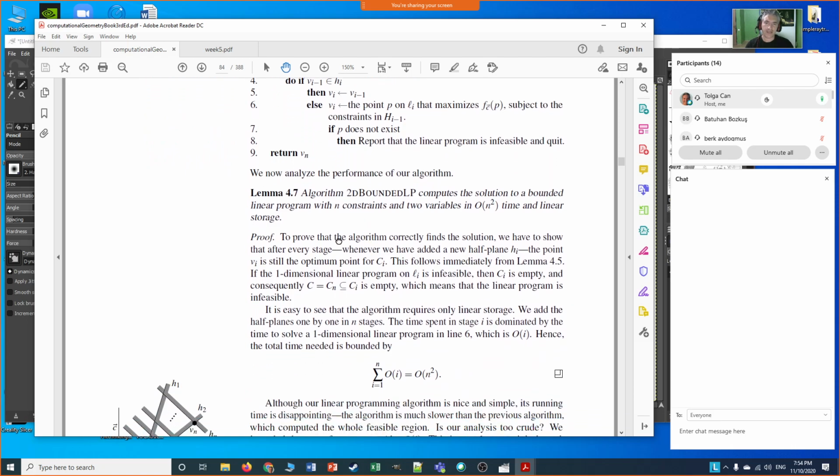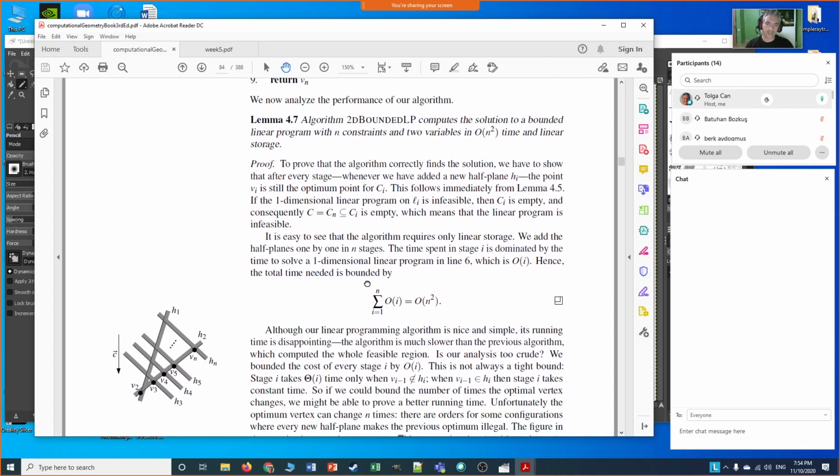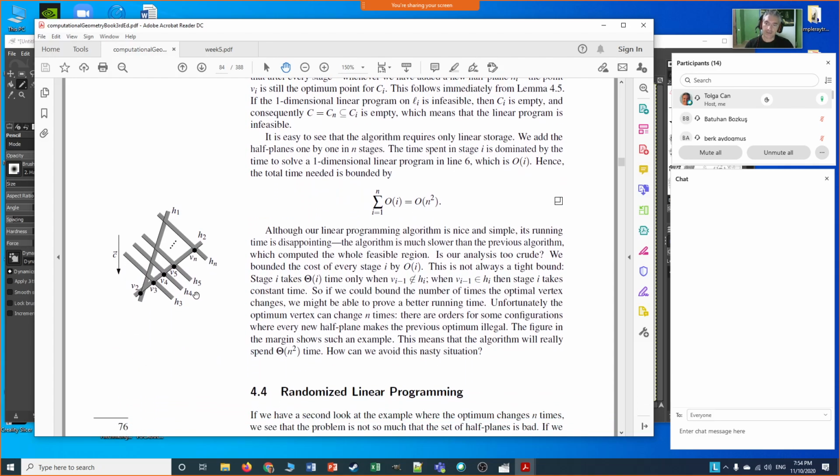And here is the analysis of the algorithm, and that's actually the expected part. We can see that the worst case is O(n squared), and the worst case can be obtained in this figure if we are given the half planes in this order.